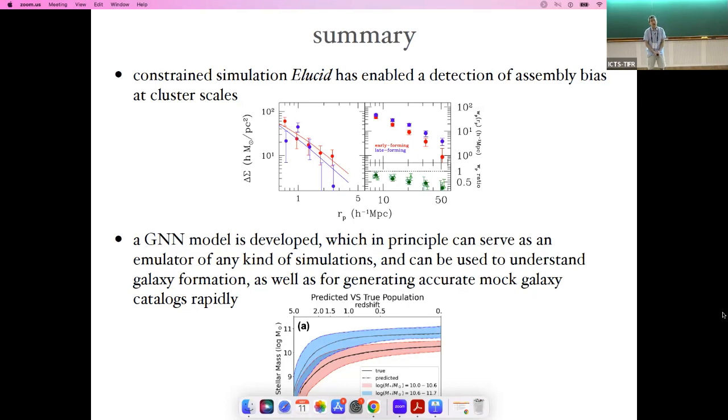Well, with redMaPPer, it's difficult to avoid the projection effects, the correlated large-scale structure along the line of sight. That is not the problem with Yang's catalog here, because it's basically a matched filter based on spectroscopically confirmed galaxies. So if from DESI we can construct a similar, much larger sample, then perhaps it's possible, and with your marked correlation function.